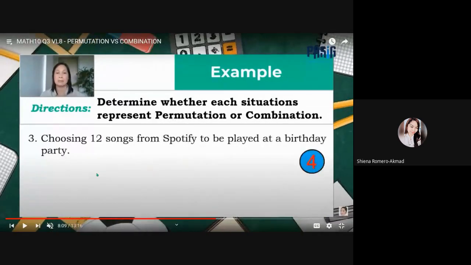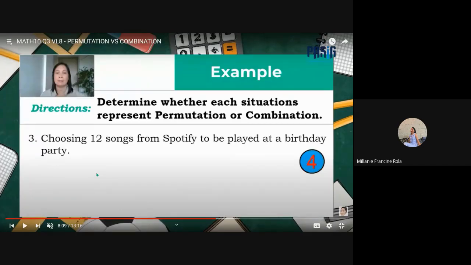Number 3, choosing 12 songs from Spotify to be played at a birthday party. Permutation. Why is it permutation? Ma'am, kasi pag namili ka po ng 12 songs, edi susunod-sunod po siya.